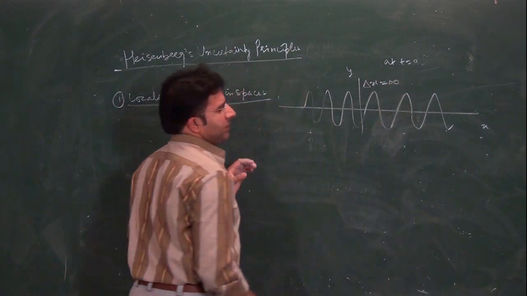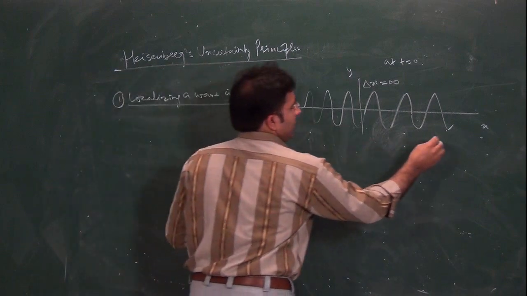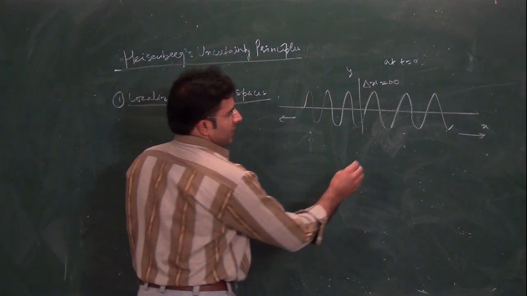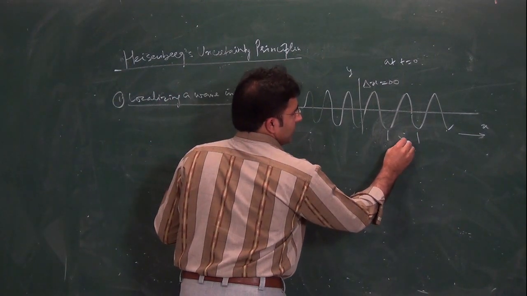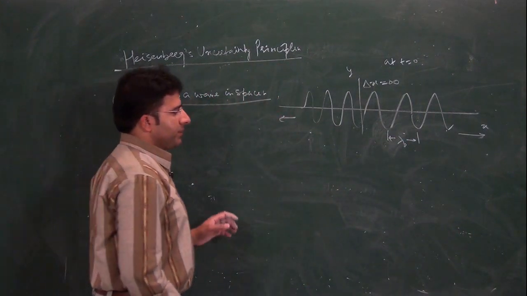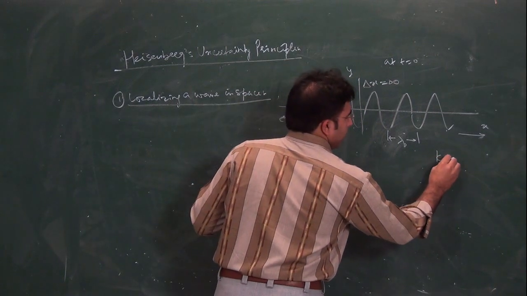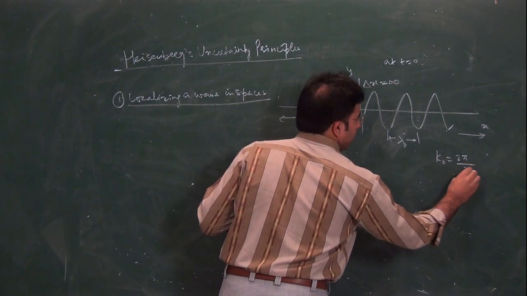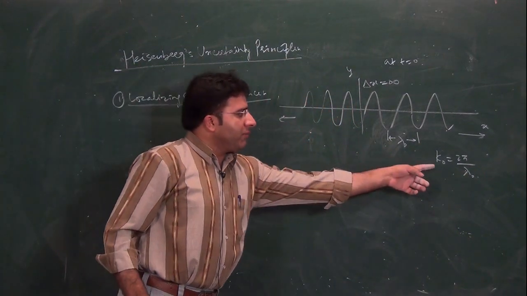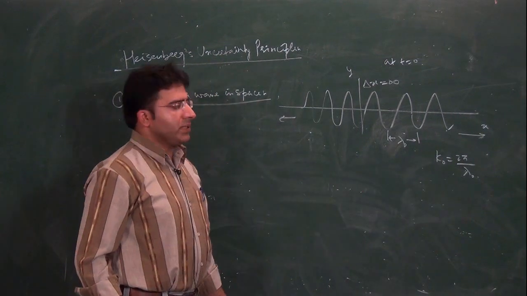What does that mean? It will be spread over the whole x-axis. This will be its wavelength, and accordingly it will have a wave number. Wave number by definition is 2 pi by lambda. If lambda naught is the wavelength of the wave, then the wave number is 2 pi by lambda naught.